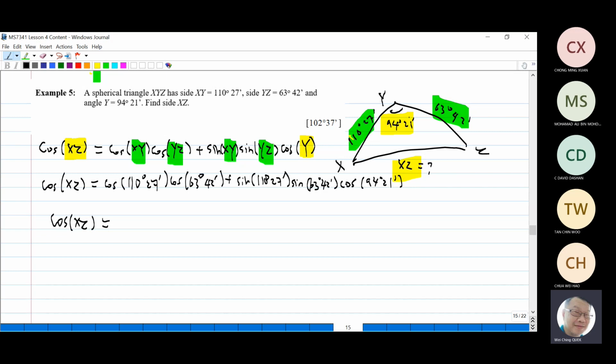All right, so look at this: minus 0.2185. So to get XZ, it's cosine inverse. This is the only answer, right? Then you get cosine inverse, shift cosine inverse, the answer is 102 degrees 37 minutes.